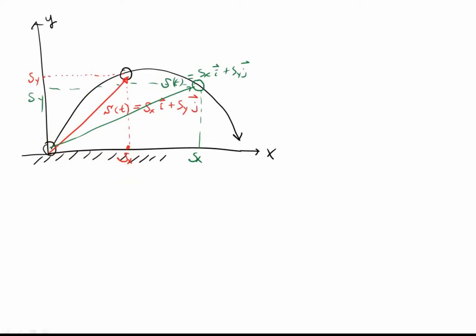So we just care about x position and y position. Okay, and then accordingly we just pay attention to x directional velocity, y directional velocity, and x directional acceleration, y directional acceleration.